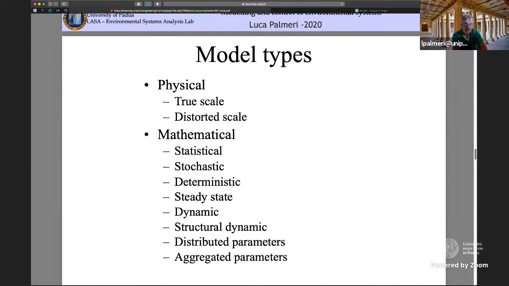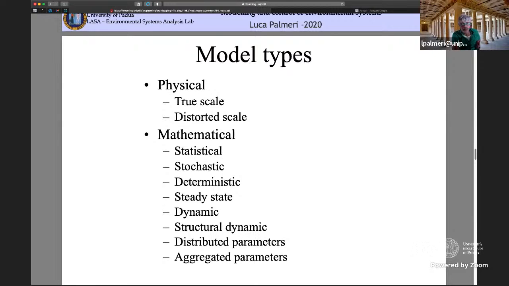We start from stochastic models versus deterministic models. So models in which some aspects are described in terms of statistical evaluations, or in which some processes are described by introducing some kind of stochastic or random behavior.